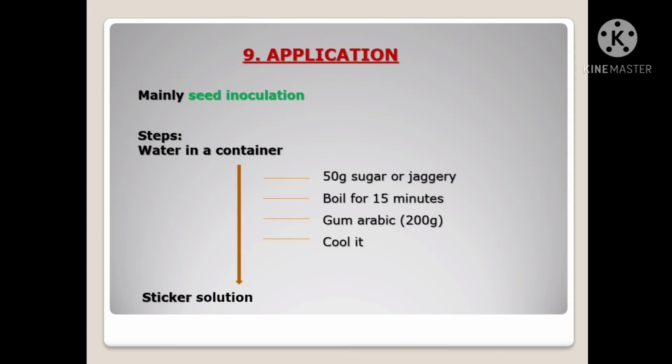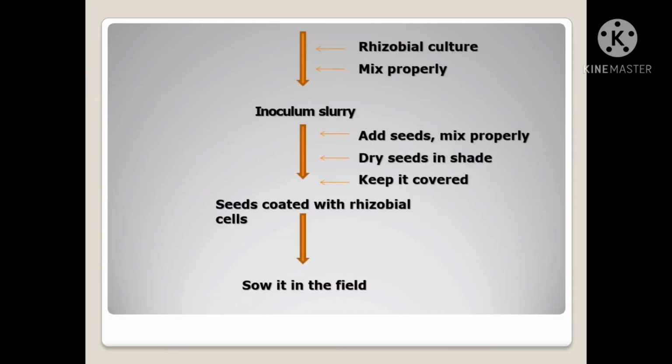Then add gum arabic 200 gram and mix it well. Then cool this preparation. Now the sticker solution is ready. To this sticker solution, add prepared rhizobial culture and mix it properly. Now the inoculum slurry is ready, to which add seeds and mix it properly.